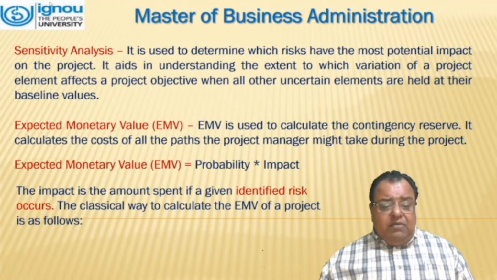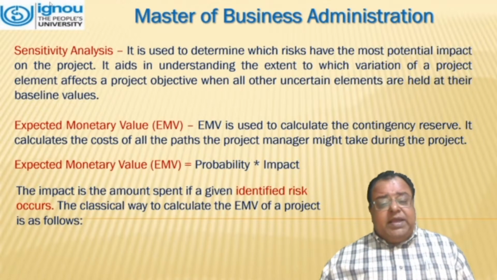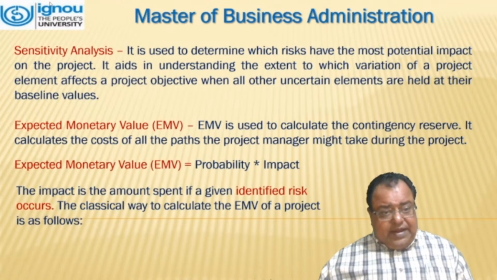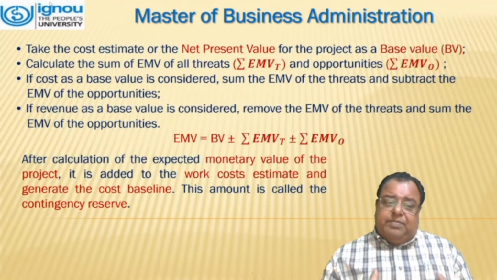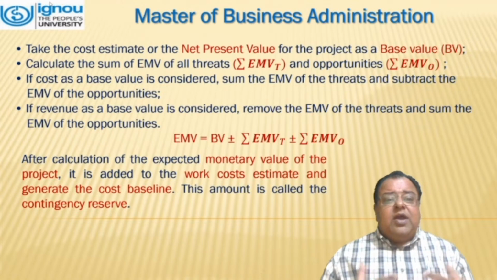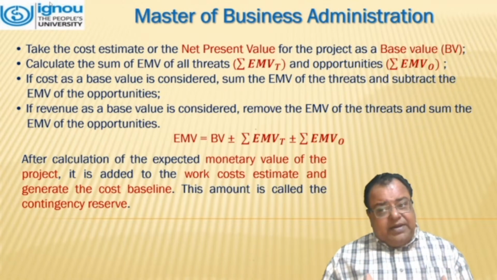The classical way to evaluate the EMV of a project is as follows. Take the cost estimate or the net present value of the project as the baseline, and we will call it PV.